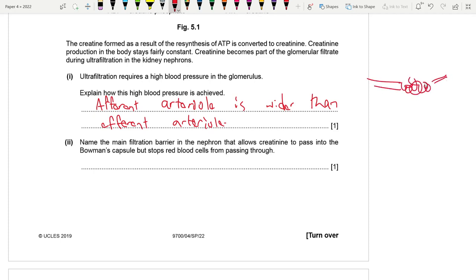Since after the glomerulus, when you go from a wider diameter to a narrower one, high pressure will be created. And the main filtration barrier in the nephron that allows creatinine to pass into the Bowman's capsule but stops the RBC from passing through: there are three sections, right? Starting from the capillary side, the fenestrations in the capillary, then the basement membrane, then the podocytes. So mainly, the main filter is the basement membrane. All right, moving on.